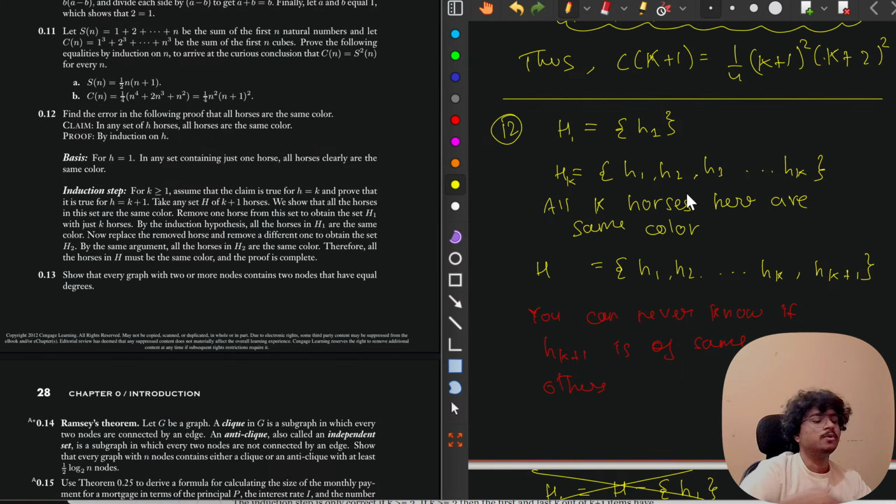To compare two horses, you must have two elements, but there's always one element. The intersection is always going to be null. Okay.